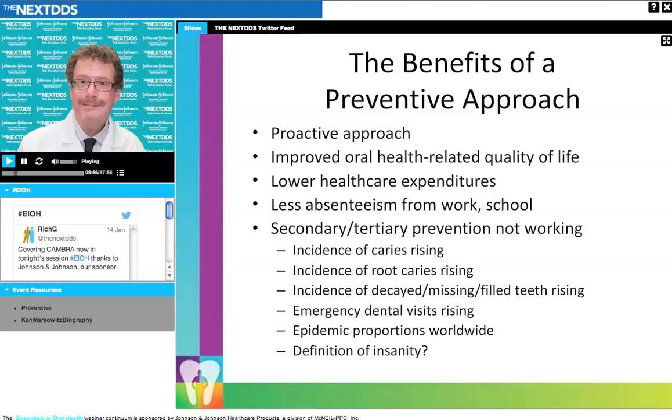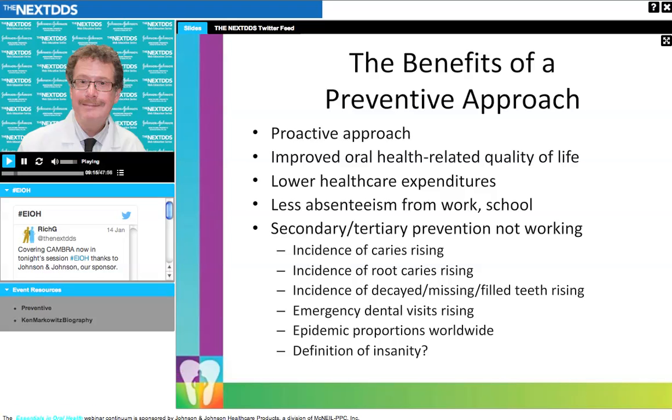I studied this in Newark, New Jersey school children. I think something like 70% of all children had unfilled cavities in their teeth, so they needed restorative treatment. And this results in problems for individuals.